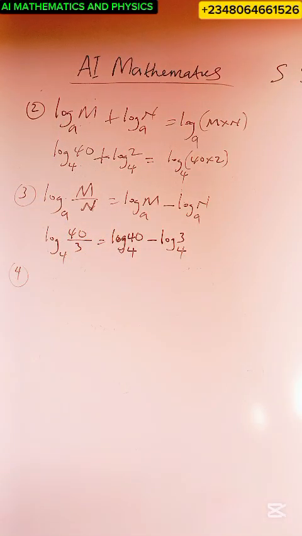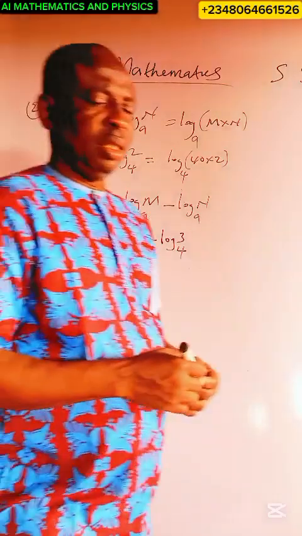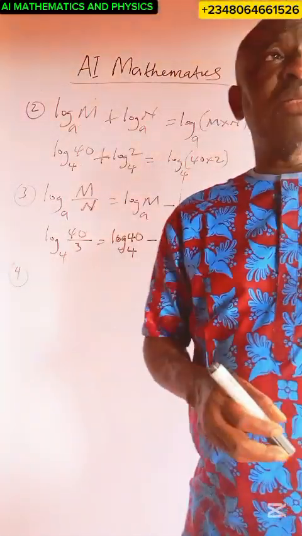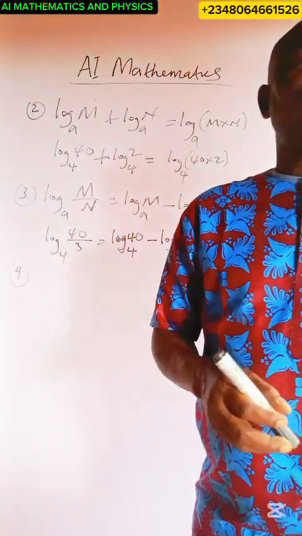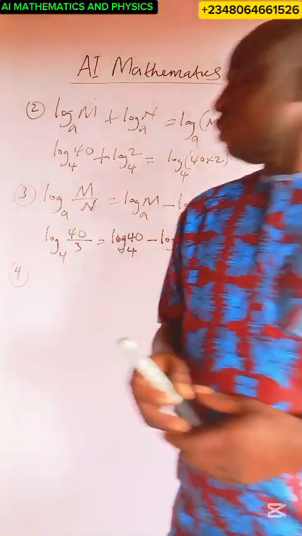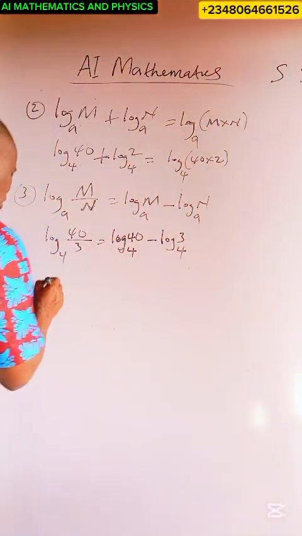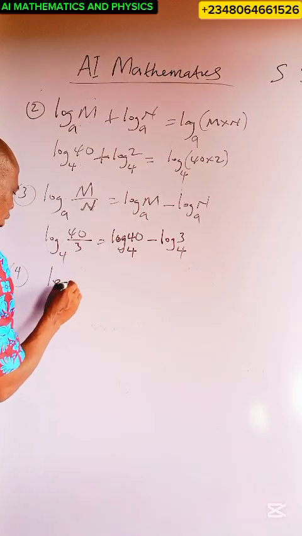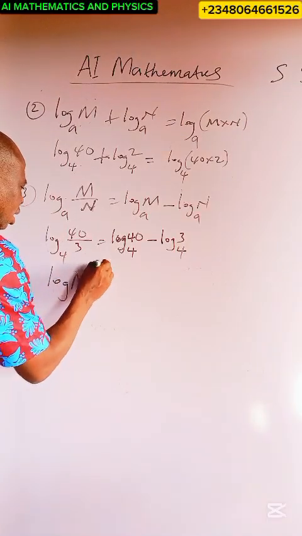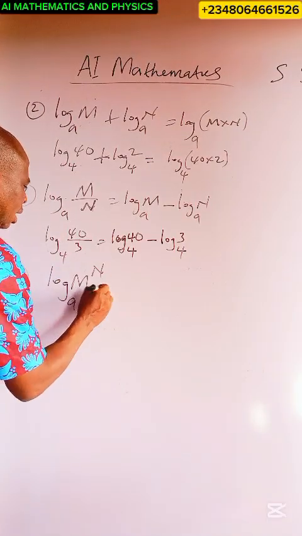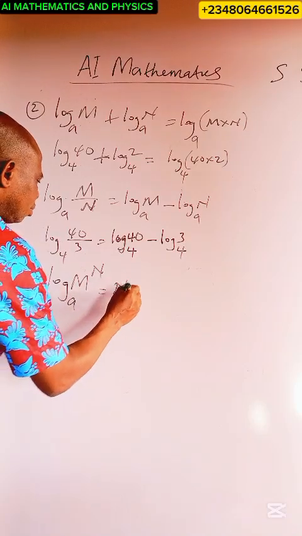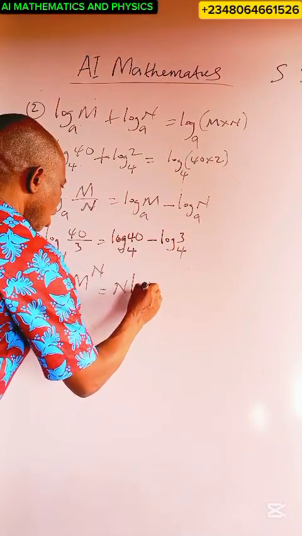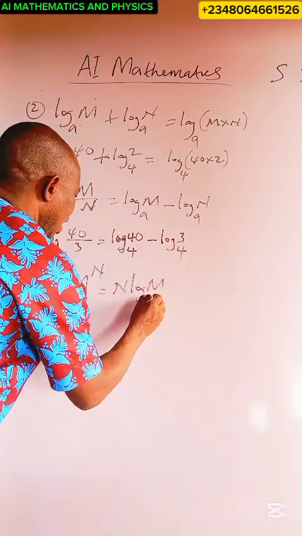Another rule, because you need almost 1, 2, 3 or 4 to solve a question. Another one, log m raised to power n base a means n log m base a.